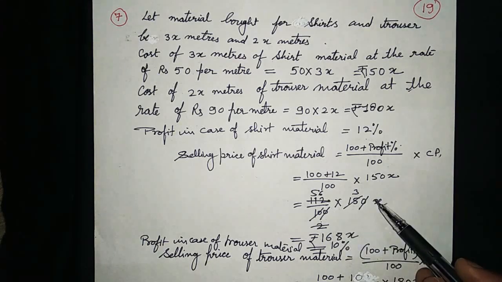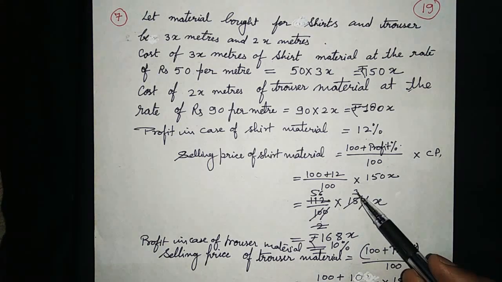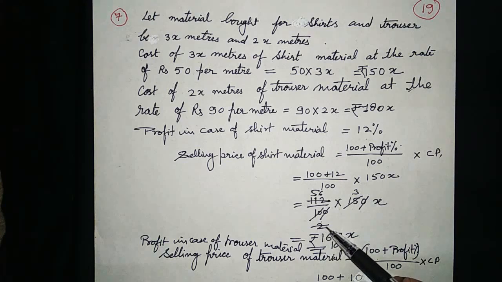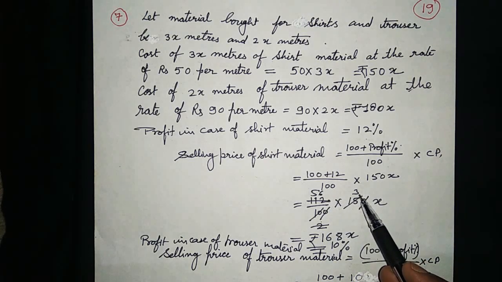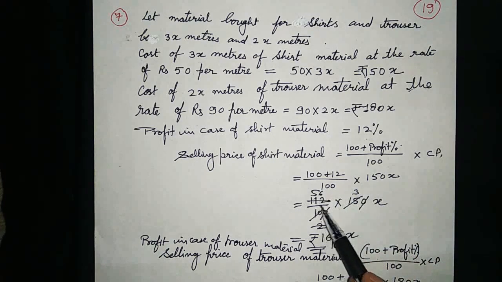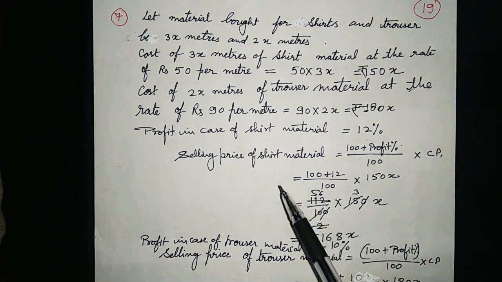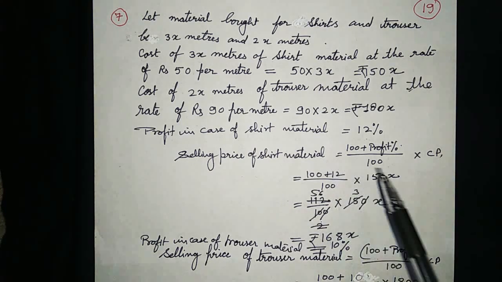This 0 and this 0 we can cancel. 5 3s are 15, 5 2s are 10. Now 2 1s are 2, and here 2 5s are 10. 11 minus 10 is 1, and 2 makes 12. 2 6s are 12. Now upside, what are we getting? 56 multiplied by 3x. When we multiply it, we get rupees 168x. This rupees 168x is the selling price of shirt material.